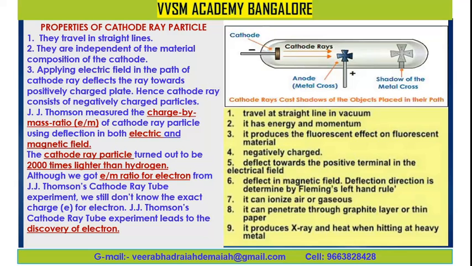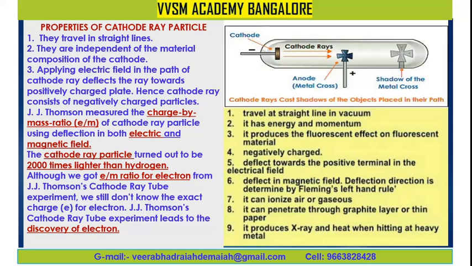They can ionize air or gases. They can penetrate through a graphite layer or thin paper. Another extraordinary property or characteristic of cathode ray particles is that when they hit a heavy metal, they produce X-rays.